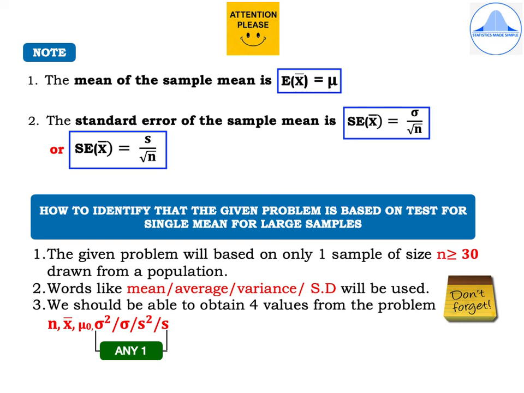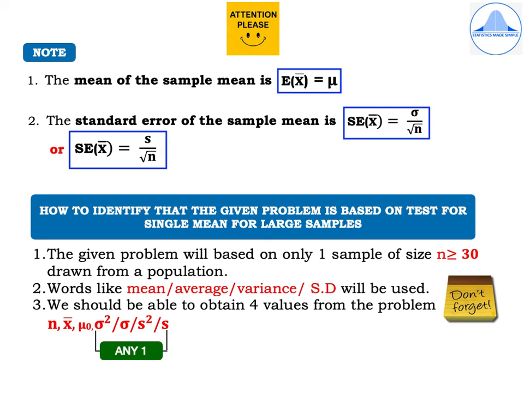Next, look out for words like mean, average, variance, standard deviation. Next, we should be able to obtain 4 values from the problem.